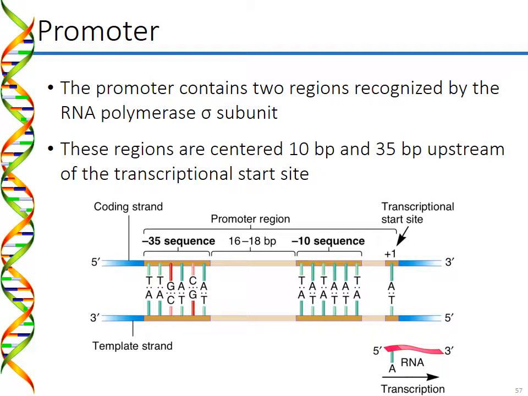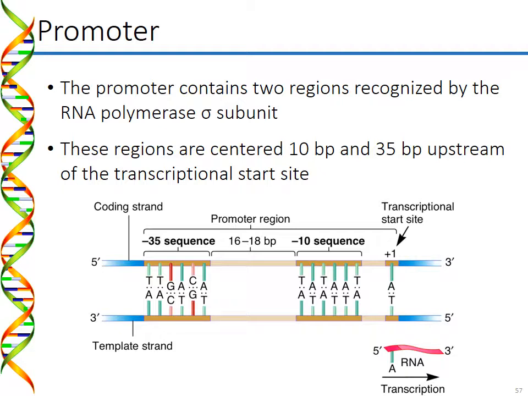And so the center being approximately -10, that would mean that that middle T or middle A would most likely be exactly -10 up above the transcription start site. Then there is typically another sequence in between that is variable and really doesn't have too much significance, at least not as far as transcription goes.